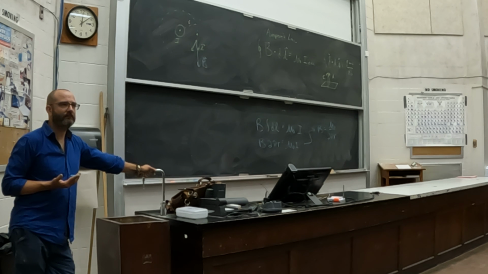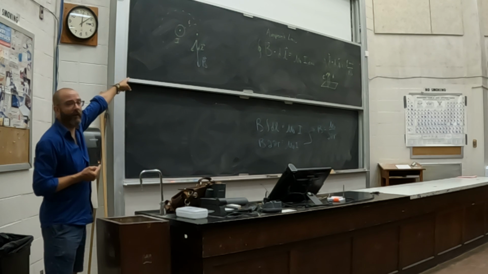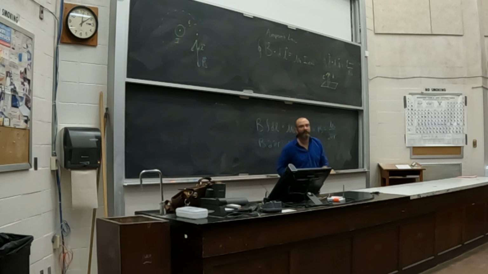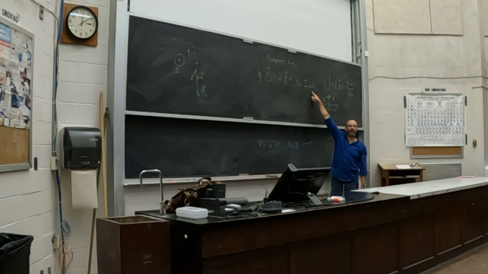Okay? Questions about this? What happened to the I enclosed? Well, I enclosed, I just called it I. Right? So, good question. This is a general formula, right? This is whatever I'm enclosing in my Amperian loop.